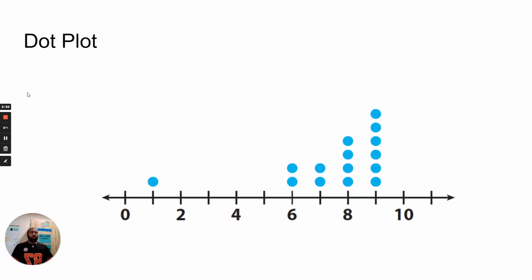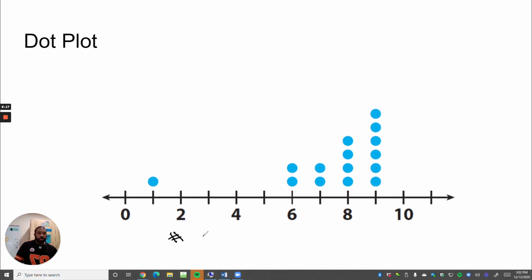The next thing we're going to talk about is a dot plot. In a dot plot, each dot represents one person or one piece of data. For this example, we're going to say that each dot represents a player, and we're showing the number of goals scored during the soccer season.